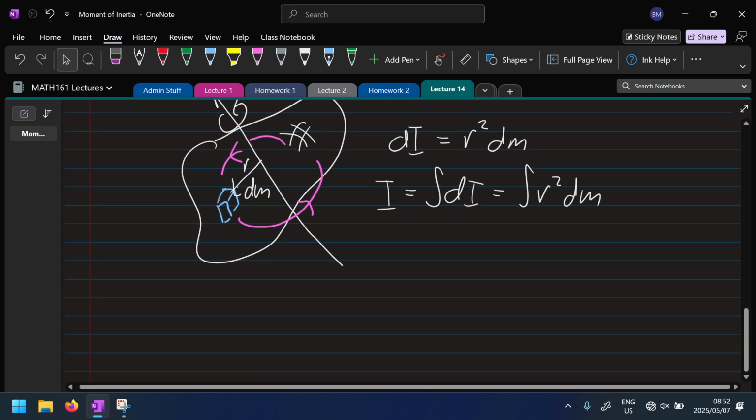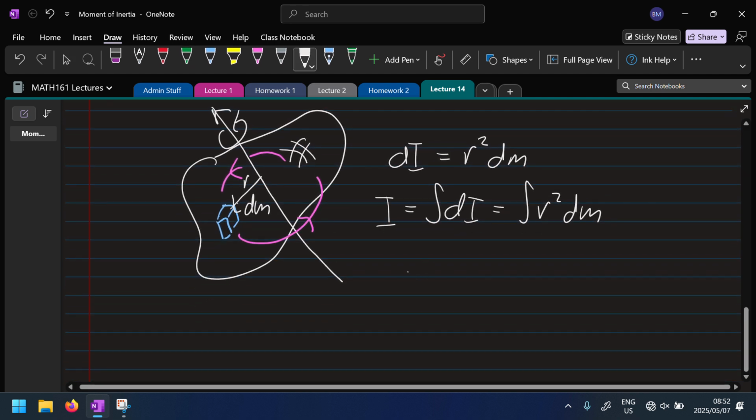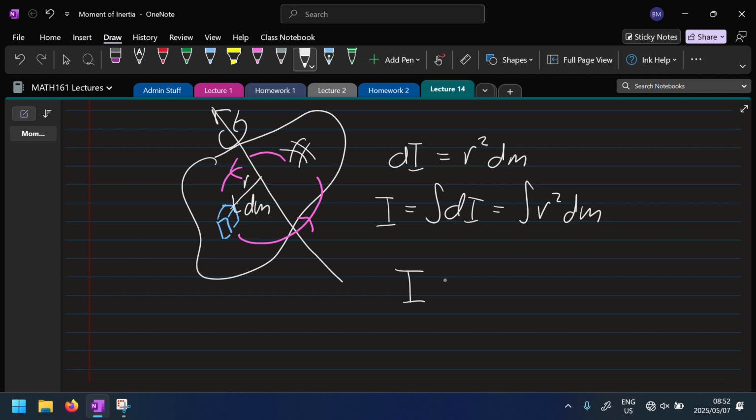So this gives us a nice formula for the general case. If you want the moment of inertia for the total solid, it is equal to the integral of r squared dm. That's very general. Any question you get asked on moments of inertia, you can start with this and then get to the answer. But we're not going to do that.